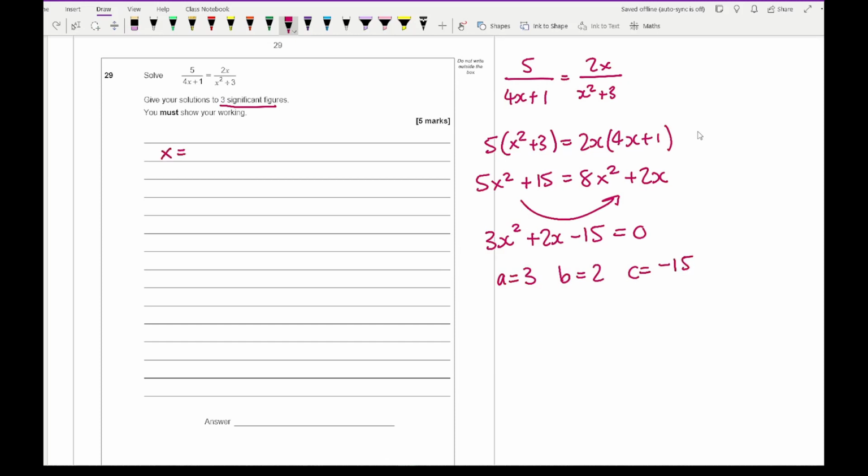So then looking at this, I get x equals minus b, which is minus 2, plus minus root of 2 squared minus 4 times a times c, all divided by 2 times a. Now again, simplifying this using my brain, I get 4 minus, and then 4 times 3, which is 12, times minus 15.